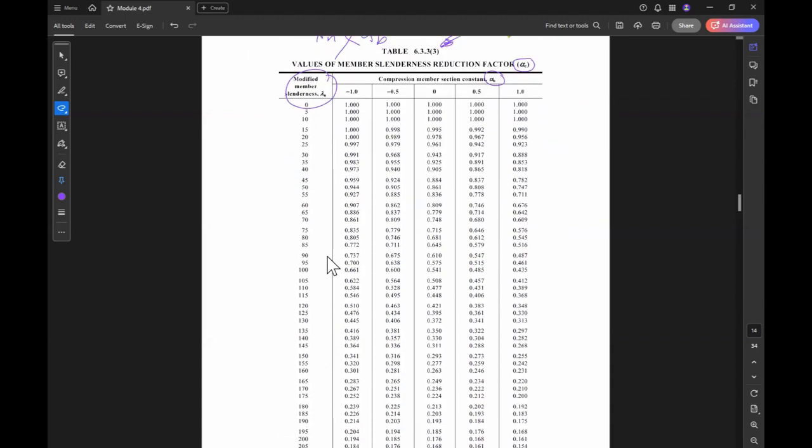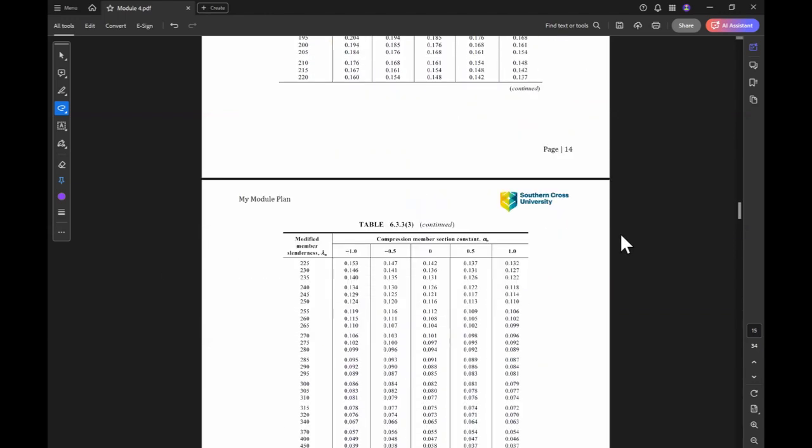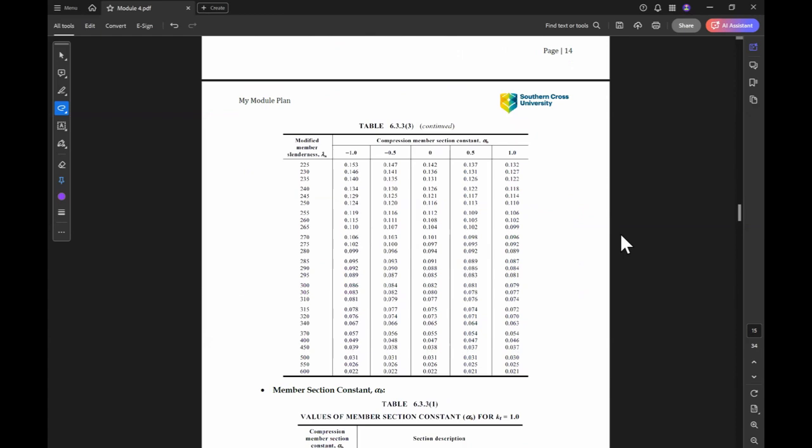So for example, if we have, as we mentioned, lambda n equal to 100 in the chart, these are our values here. At alpha b equal to 0, this is our alpha c, for example here, 0.541. Okay, so this is how to find alpha c.